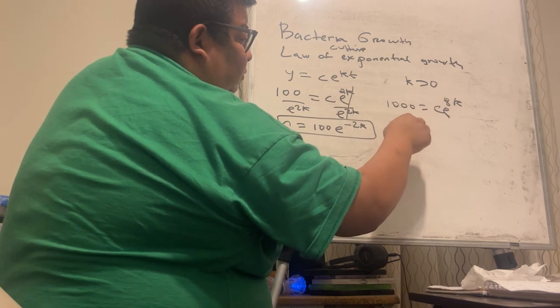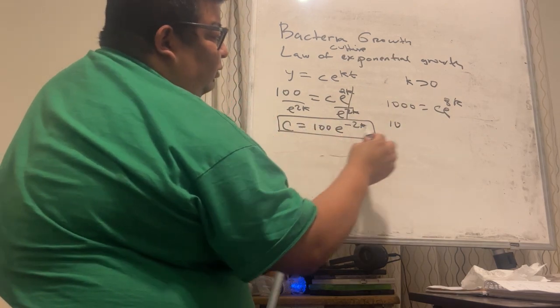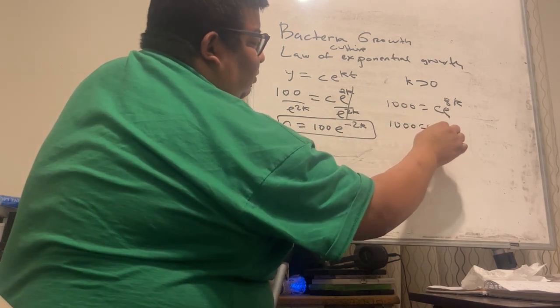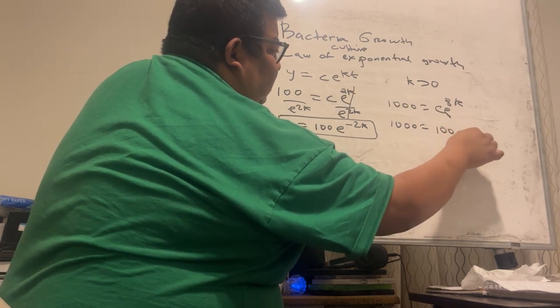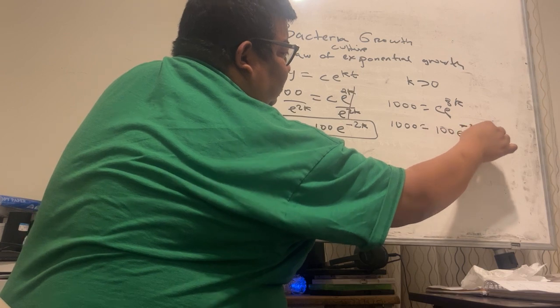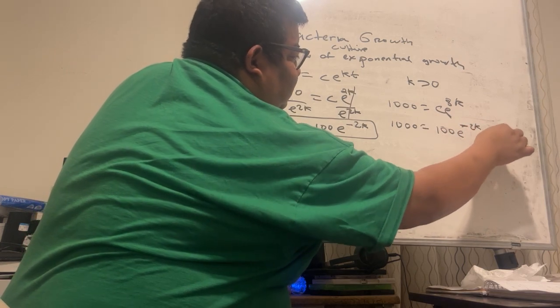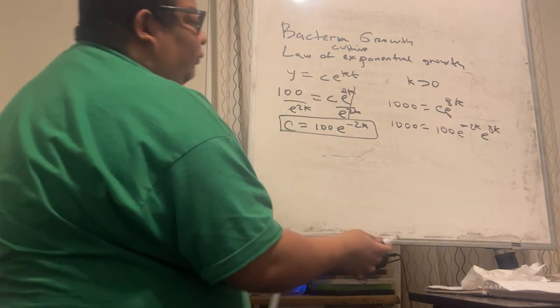Now we have this other equation, so we're going to plug this in. So 1,000 is equal to 100 e to the negative 2k times e to the 8k.